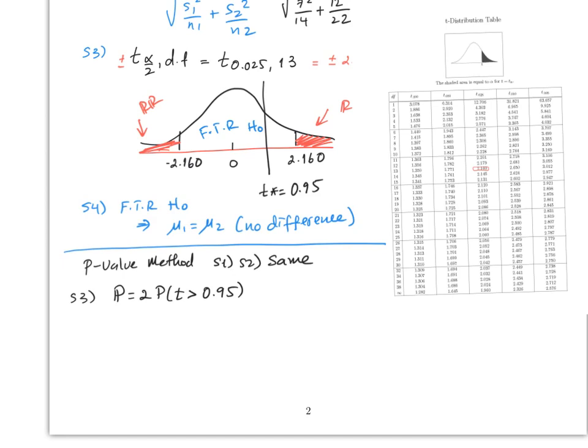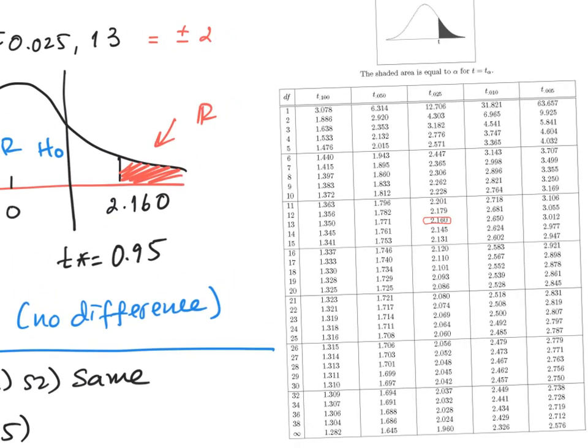Don't forget that we have 13 degrees of freedom, which is this part right here, and we're looking for 0.95. Now 0.95, if it was in this table, you would want to place it here. It will be somewhere here. Remember, if the number was here, you will pick something between this and this.